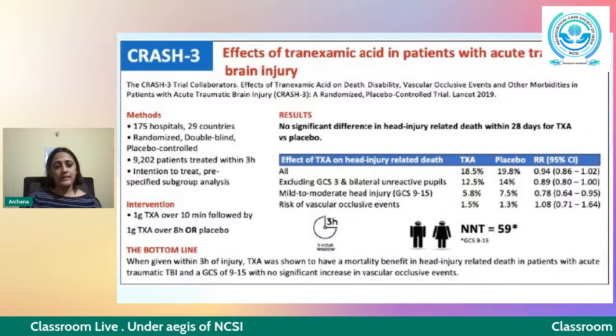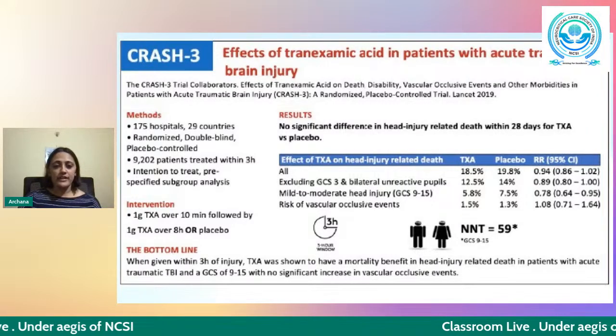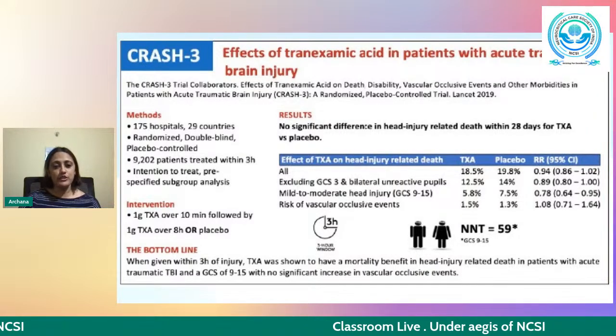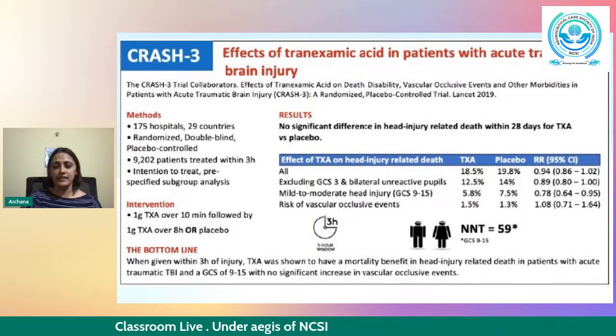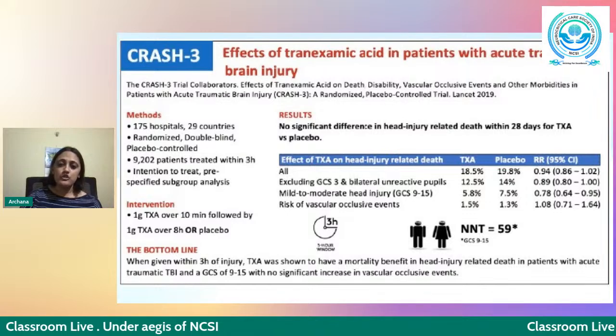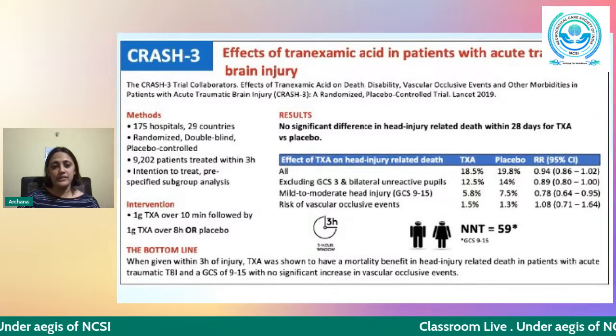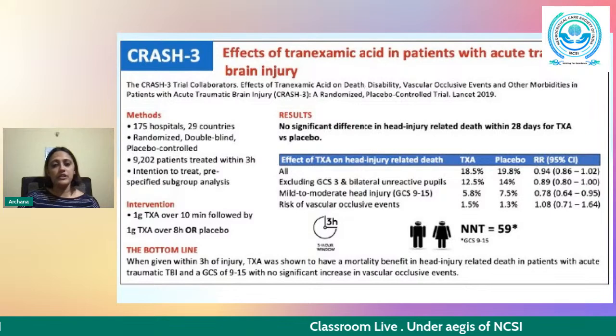So they concluded that by giving tranexamic acid within 3 hours of injury, tranexamic acid has shown a mortality benefit in head injury related death in patients with acute traumatic brain injury with a GCS of 9 to 15.